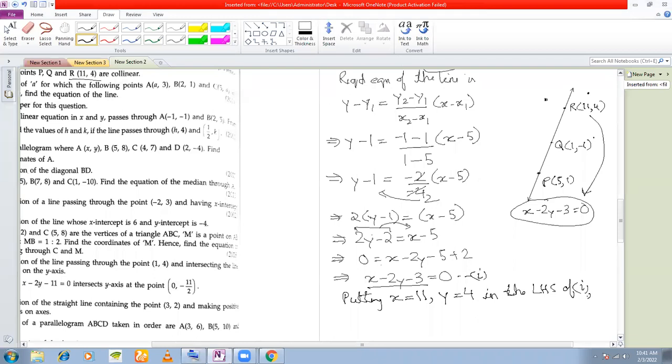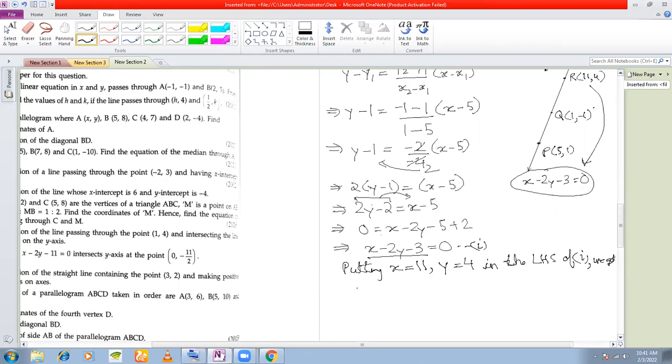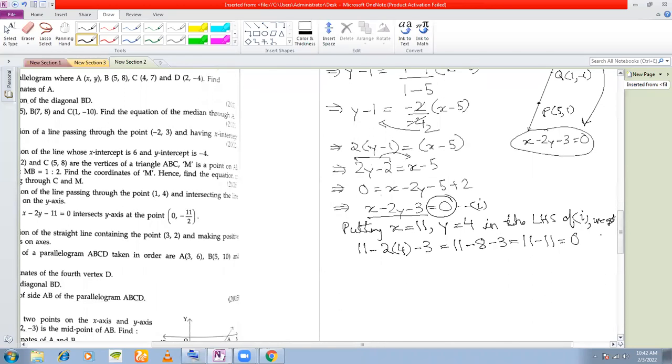Let's see what we get. x is 11 minus 2 into y is 4 minus 3, right? So we get 11 minus 8 minus 3, which is equal to 11 minus 11, which is equal to 0. So we're getting this equal to 0 by putting x is equal to 11 and y is equal to 4.